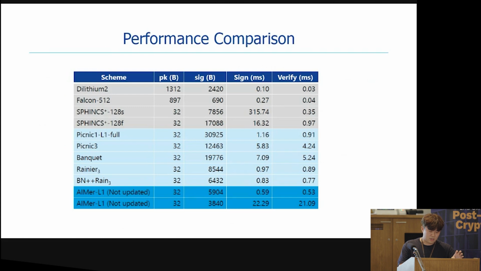Here is the performance comparison. The last two rows are about AIMer, but it is not updated to AIM2, so remember that. The signature size is from about 3.8K to 5.9K. You can see that 3.8K is very similar to the bandwidth of Dilithium 2.